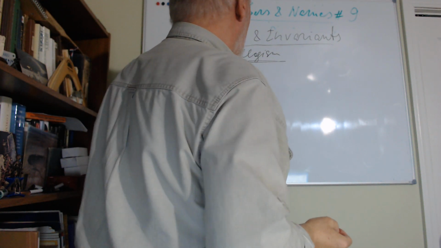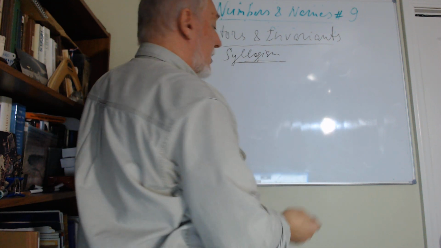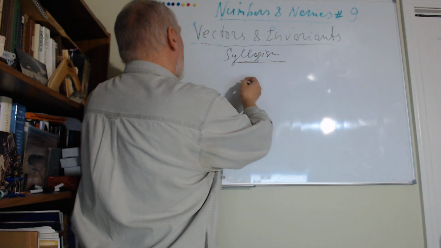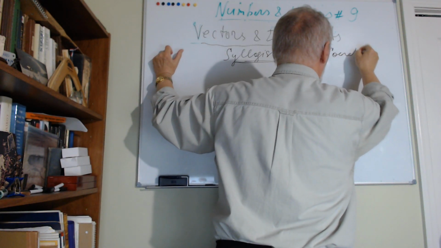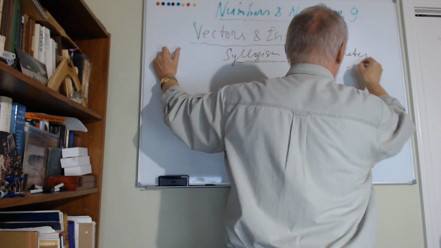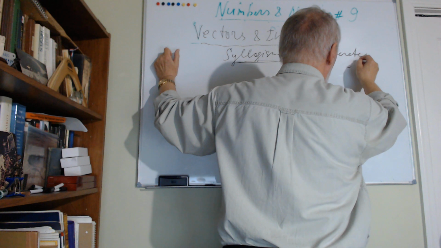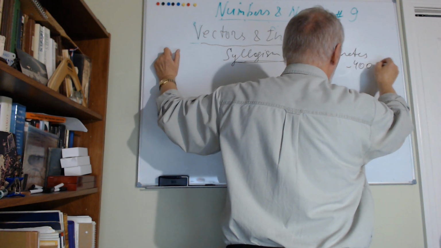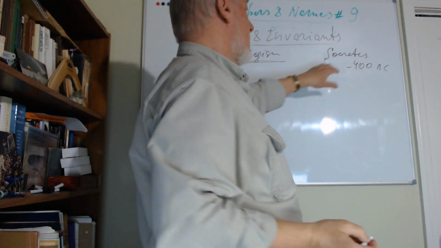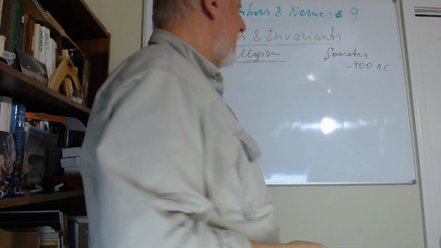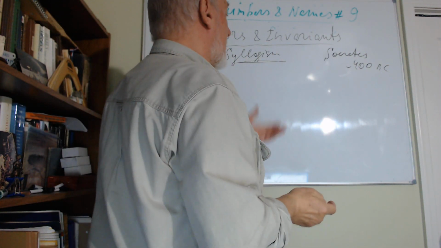A classic syllogism is about Socrates. He lived something like 400 years before Christ, one of the greatest philosophers in history.